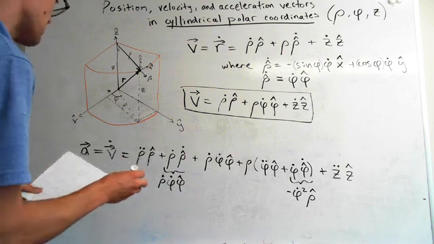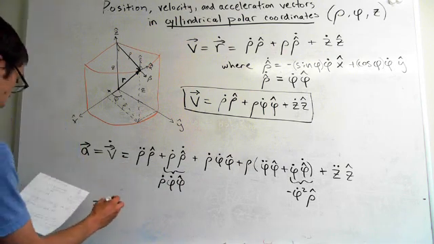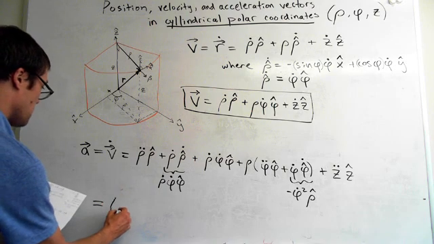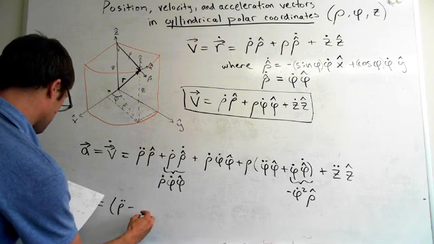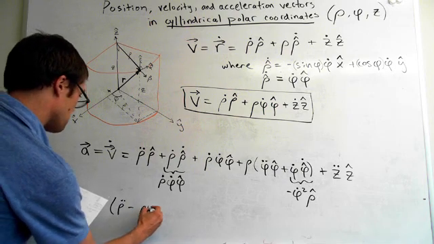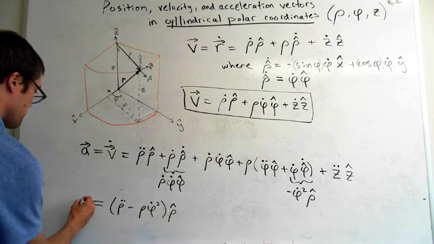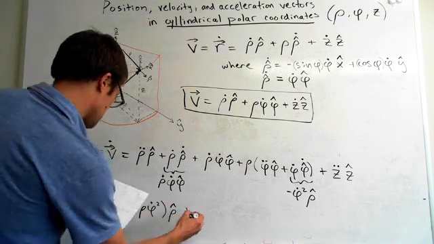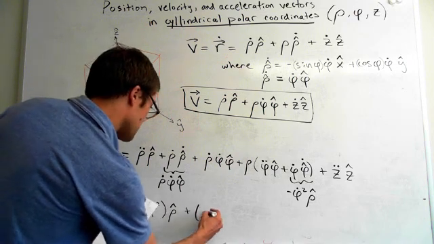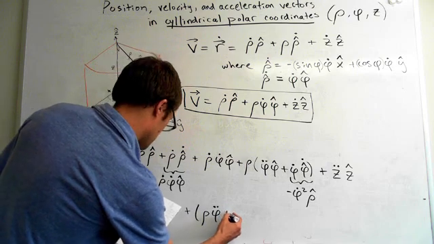All right, so now we're ready to rewrite these terms, grouping together terms with the same unit vector. So we've got minus rho phi dot squared rho hat. This is not going to be a nice, simple, small expression, but nonetheless, even though it looks rather beastly, it can be quite useful in certain problems.